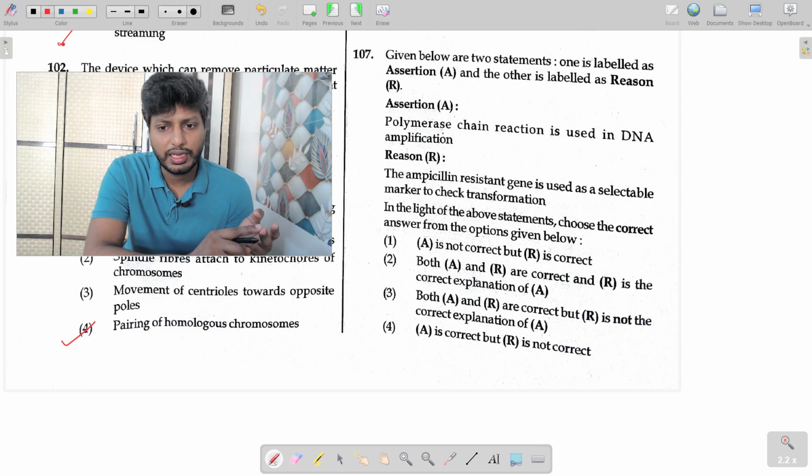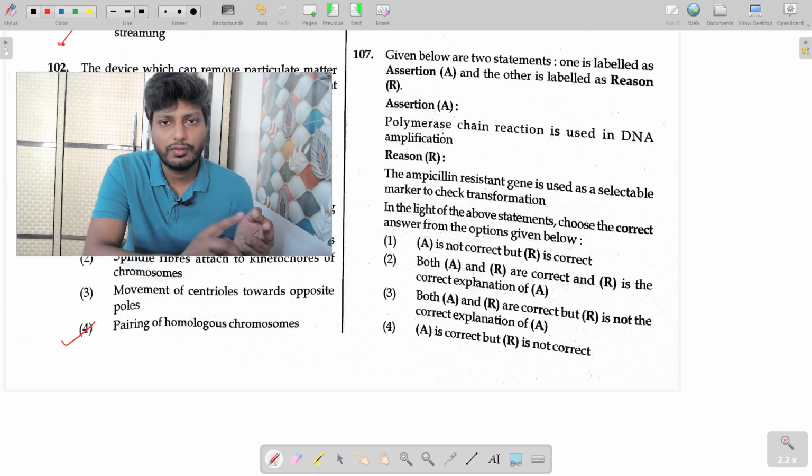Third option: both A and R are correct, but R is not the correct explanation of A. Absolutely right. This is what we were looking for, dear students. A is right, R is also right, but R is not supporting A. R is not the right reason for A. So option three is right as per our knowledge.